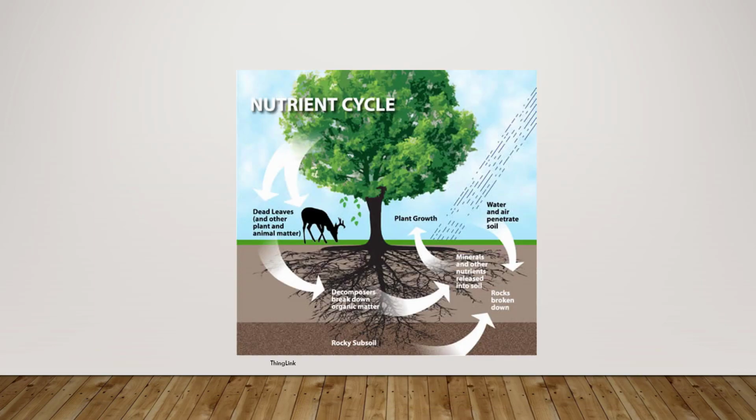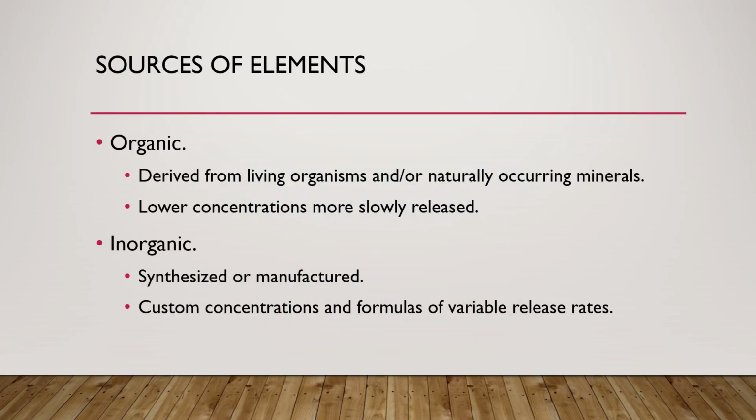Just to be familiar, we won't get too much into this, but there are several nutrient cycles involved in providing nutrients for plants, one of them being the nitrogen cycle. Of course, there's the carbon cycle, the potassium or phosphorus cycle, etc. Okay, sources of elements include organic, which are derived from living organisms and or naturally occurring minerals.